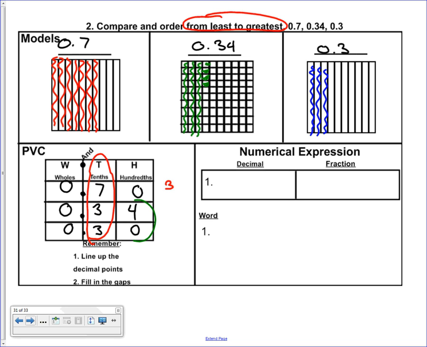Now let's go to the hundredths. So here I've got 0 hundredths versus 4 hundredths. So that is the smallest. And 34 hundredths would be the middle one. So let's put them in order.